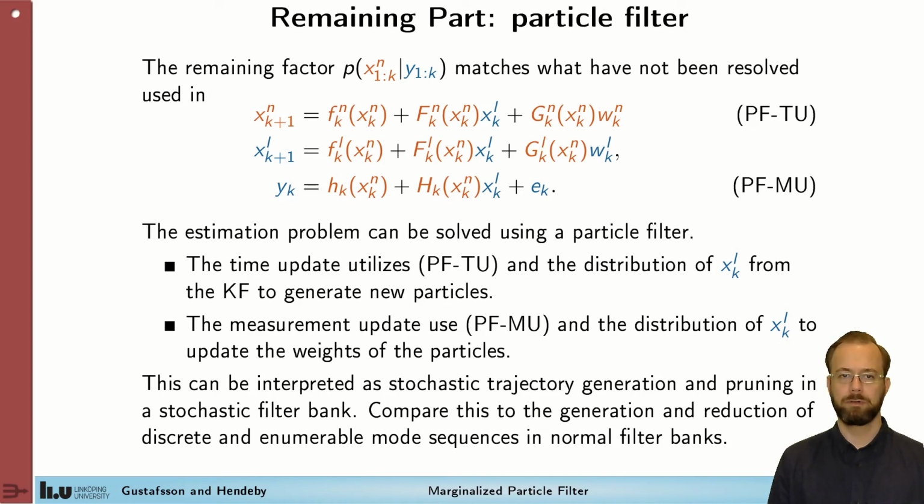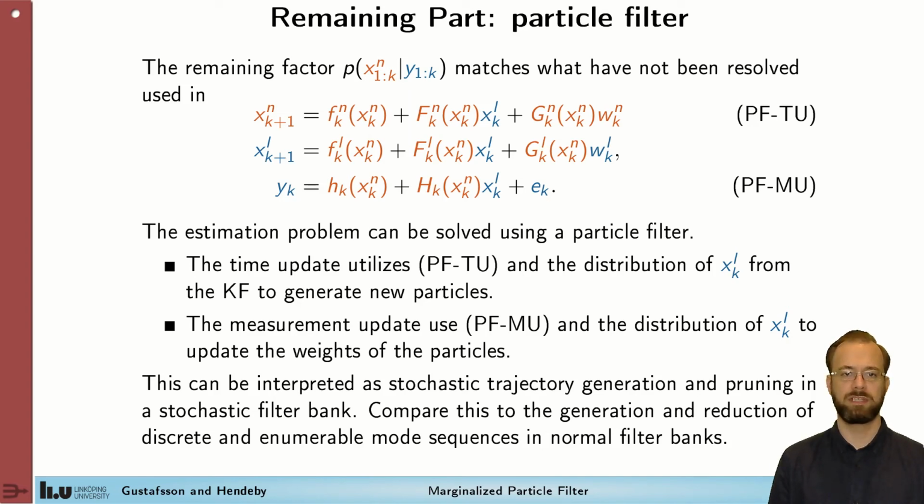I encourage you to compare these steps to the Kalman filter bank steps. In that case, we have a discrete valued state space for what we call the nonlinear part here. We can enumerate all different possibilities and then have to reduce them based on probabilities. That is exactly what we do here.